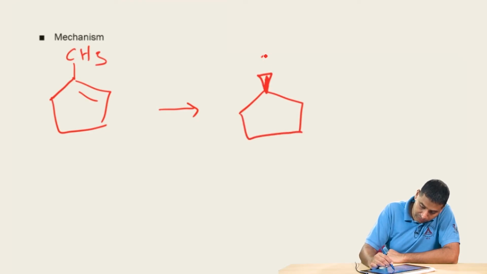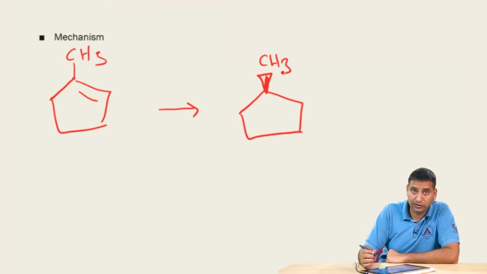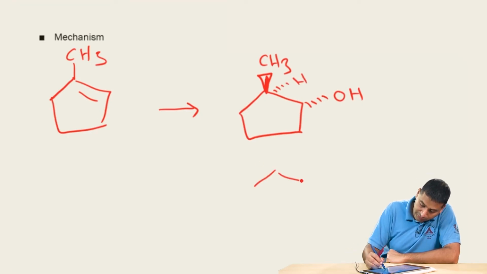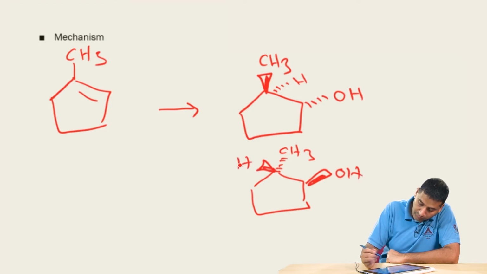expect. Let us say it comes from the bottom face, then you have CH3 and the OH would end up here and the H would end up here. In case the borane adds from the top face, then the CH3 would be below and the OH would be above the plane.